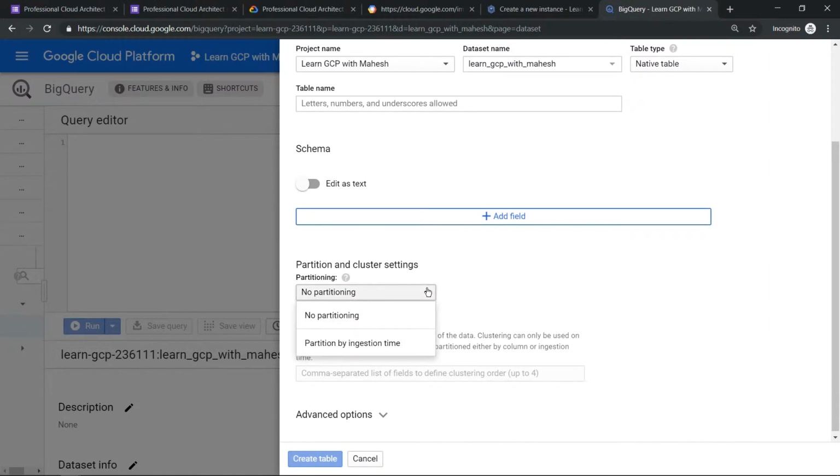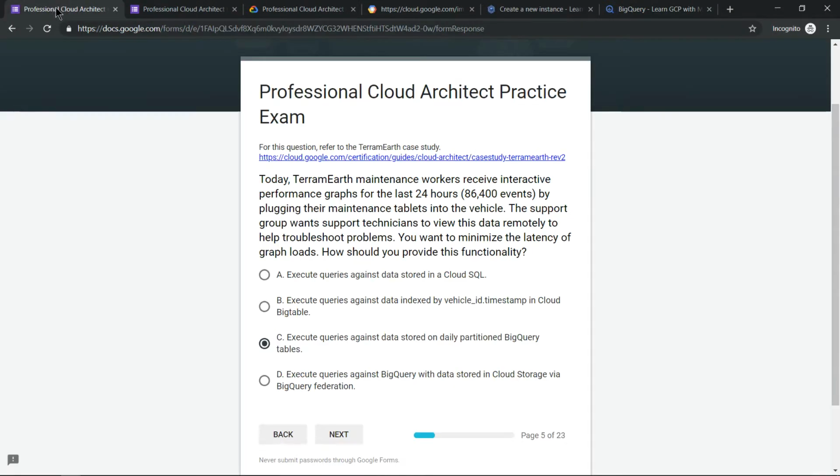You can partition based on a specific field or by ingestion time. So you have both options there. This could again be a good choice, because they want only the last 24 hours of information. So partitioning is always a good choice. People coming from a data warehouse background feel like partitioning could be a good choice.